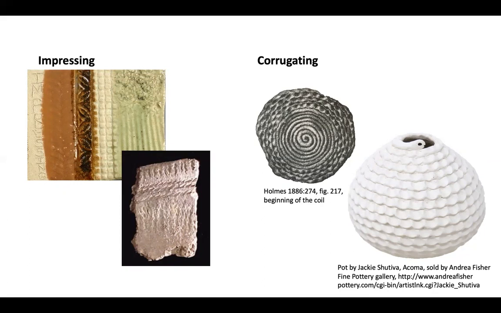One way to do that is to wrap a paddle with a textile or cordage, like we saw with the paddle and anvil slide and the examples of Japanese Jomon pottery. Some pots are impressed with unwrapped cordage. A cord-marked pottery is any pottery where a cord is pressed into the clay. For cord-marked pottery, look for a reverse image of an S or Z twist cord.